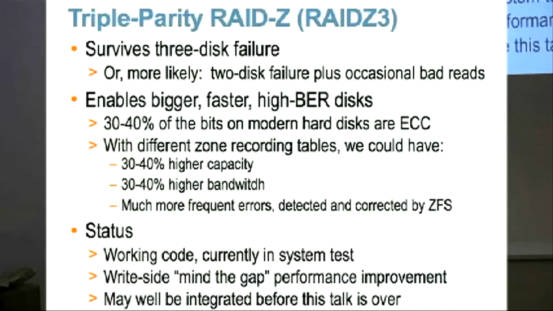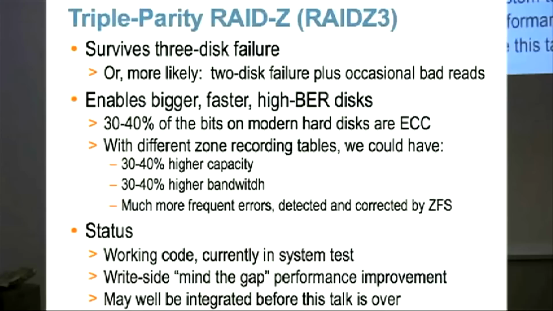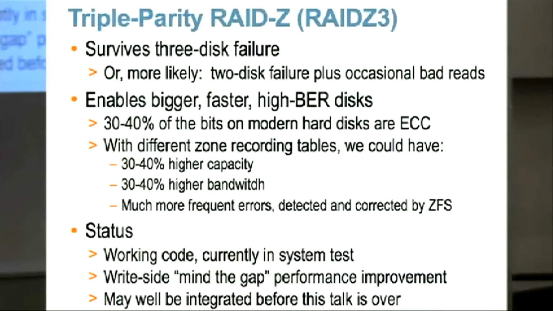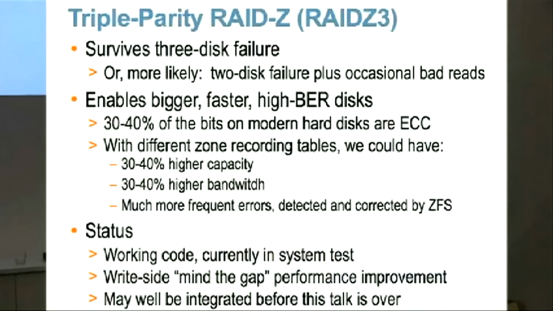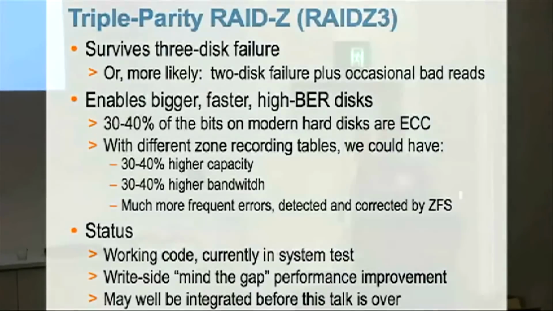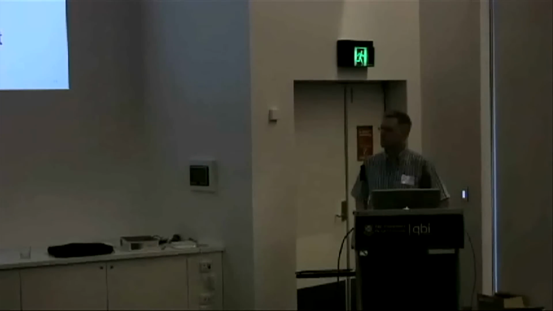What this allows us to have is disks that have a higher bit error rate, or BER in this case, and still survive when other drives in the same stripe have completely failed. We've actually talked to a few disk drive manufacturers about this: can you give us a disk drive that is higher capacity, slightly less reliable, as an option that we can choose?